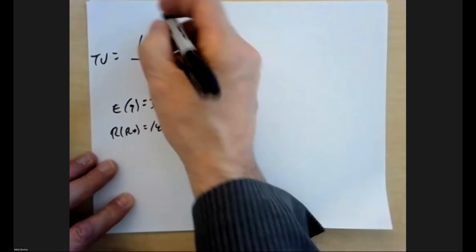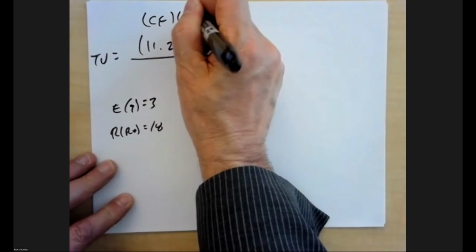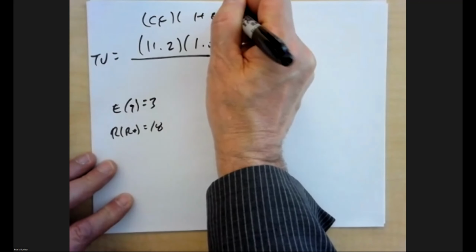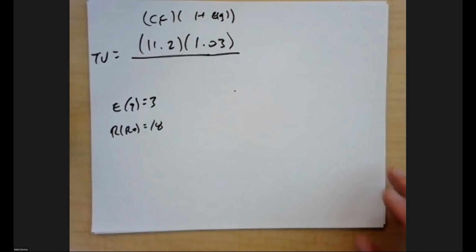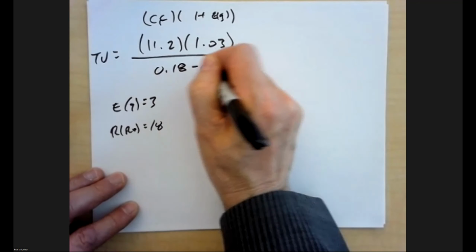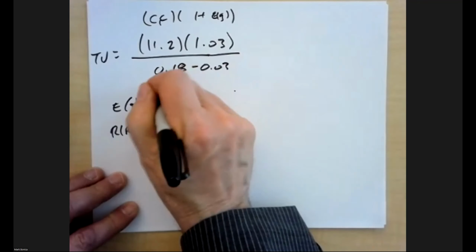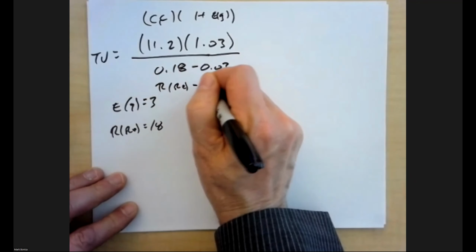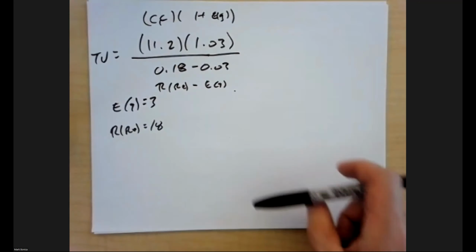So we have the last cash flow times 1 plus the growth rate, divided by 0.18 minus 0.03, right? The RRE minus the EG.